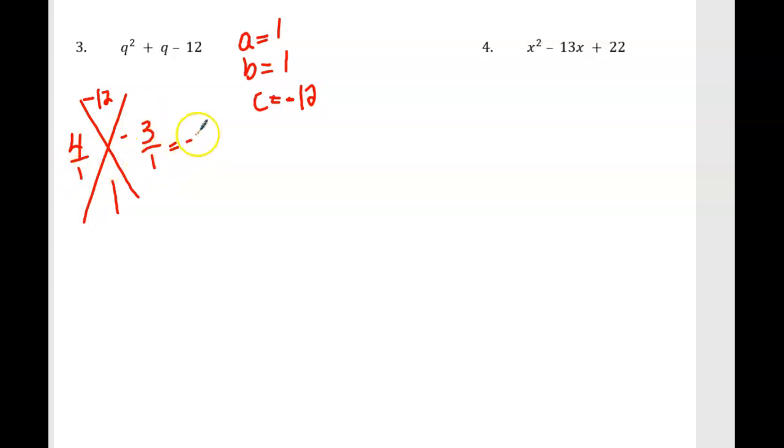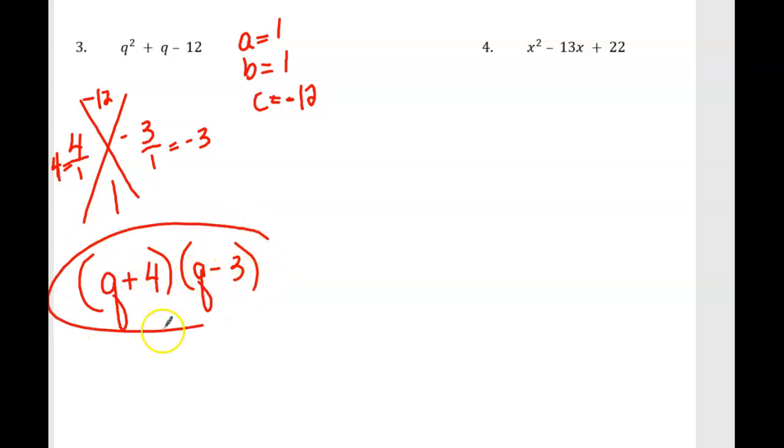This may seem silly because we're always dividing by 1 so far, but eventually we're going to divide by 2 or other numbers. So I get these two numbers, and these are my M and my N. I'm then going to take them, and my variable is Q, so it's Q plus 4 times Q minus 3. And there's my answer. If I FOILed this, I would get what I started with.